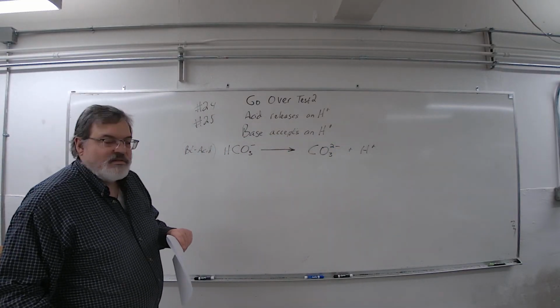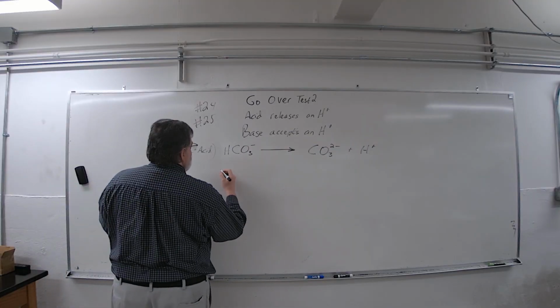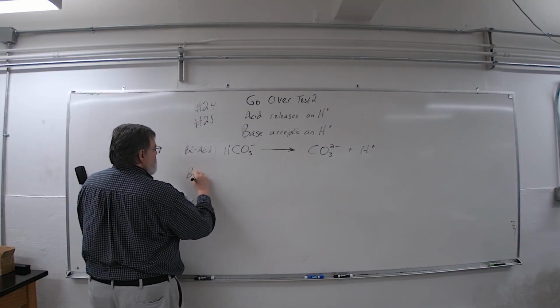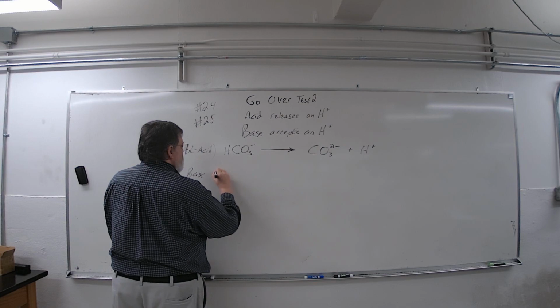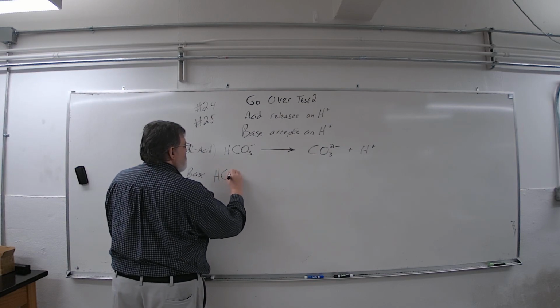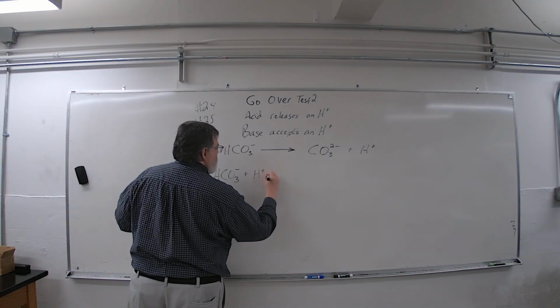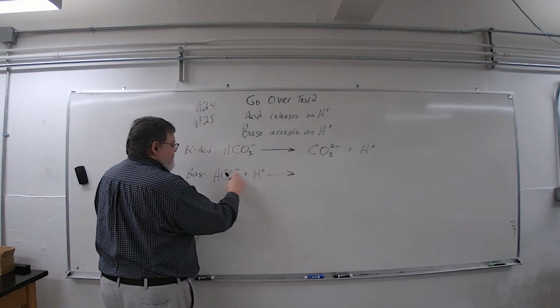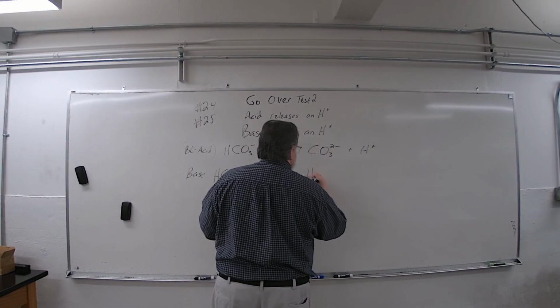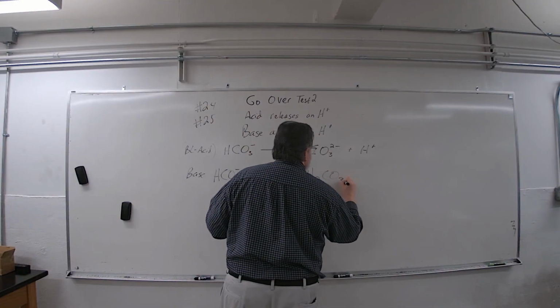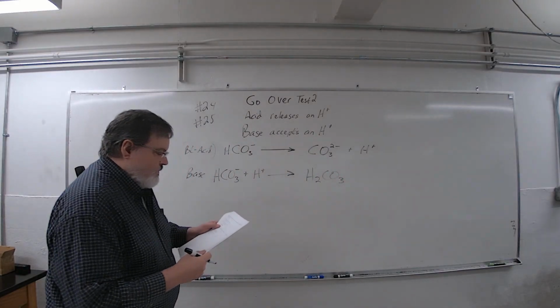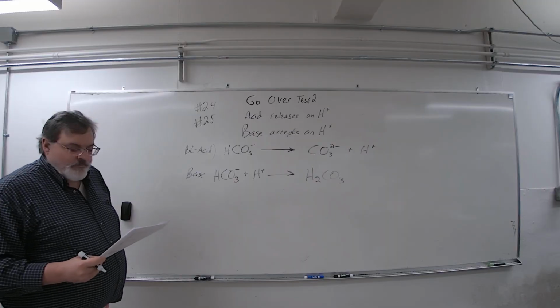Does that make sense? Yeah. And then the base is the opposite. Base shows it accepting an H+. This is already negative, so it should be H2. Makes sense now?